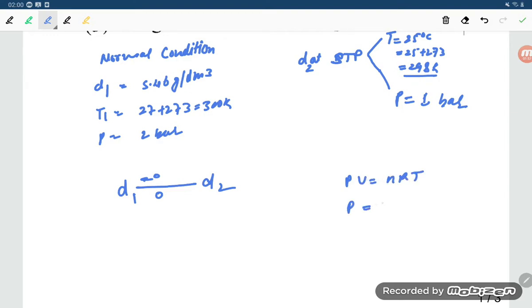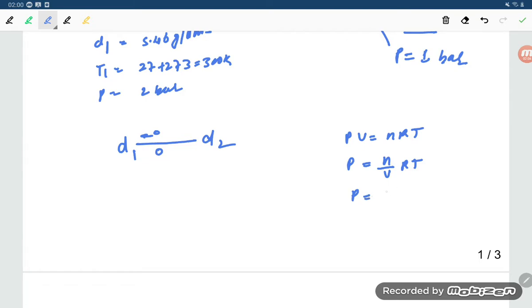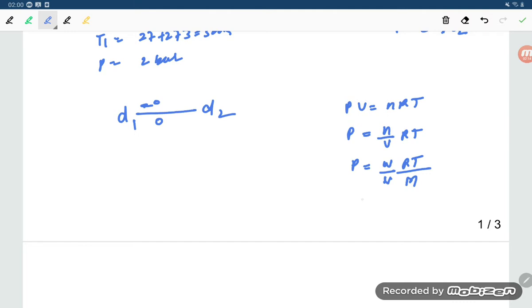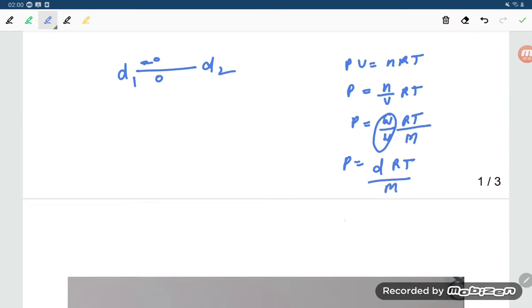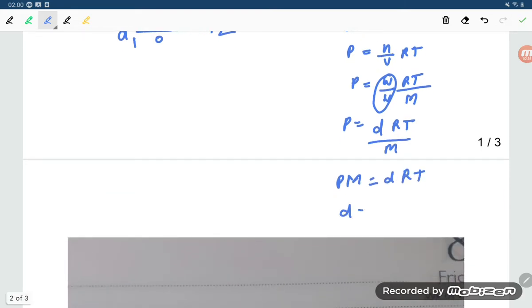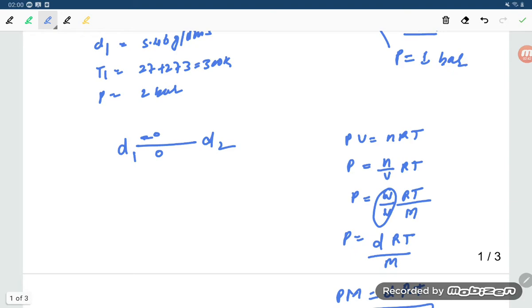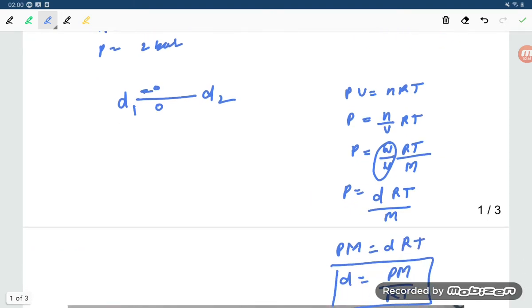So P is equal to n by V into RT. Now n means W by M, so P is equal to W by V, which means density, mass per unit volume, into RT by M. Or you can say PM is equal to DRT. So D is equal to PM upon RT.